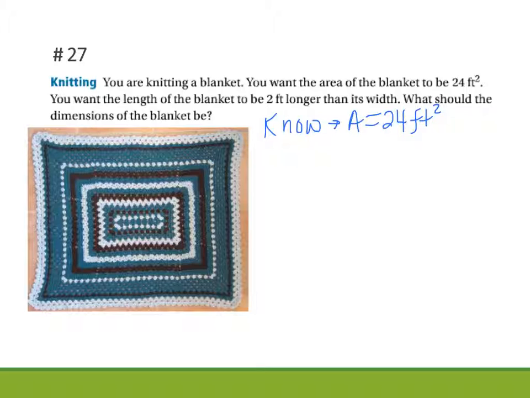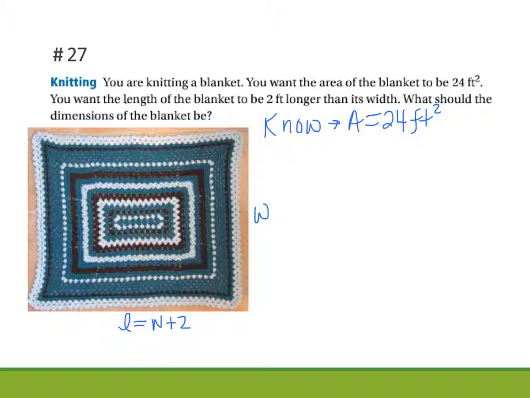So it doesn't matter which side of the blanket is the length and which one's the width. I can use either one. So I'm going to designate that this one is the length and this one is the width. And I want the length of the blanket to be 2 feet longer than the width. So whatever the width is, I'm going to take the width and add 2 to it. And that's going to be equal to the length.